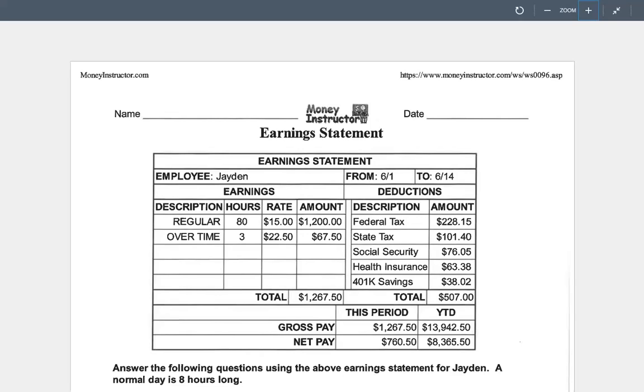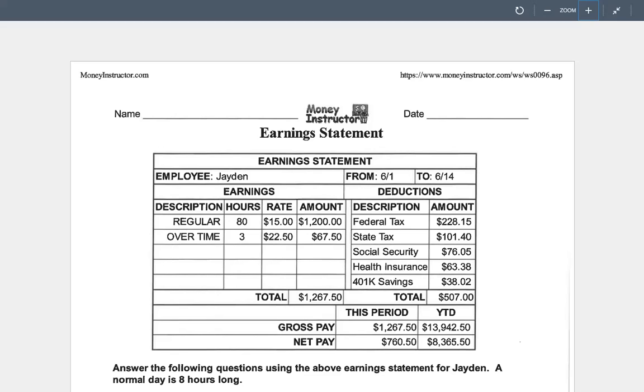So, under the earnings description, these are regular hours or overtime hours. So, your earnings are the money you make on your job. Some of the hours are your regular pay for a regular work week. A regular work week is considered 40 hours.